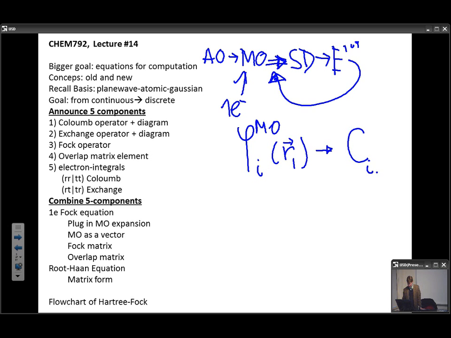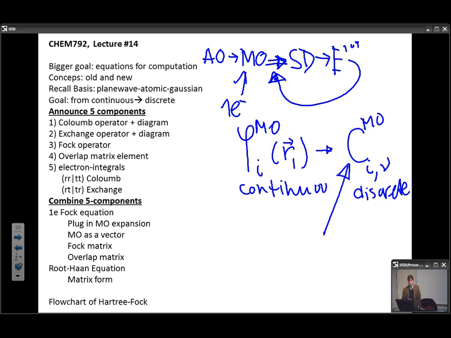This orbital number i could be some index for the expansion coefficient. So we go from continuous to discrete. It's also a coefficient for the molecular orbital. And we are establishing an equation that governs those expansion coefficients for the molecular orbital.